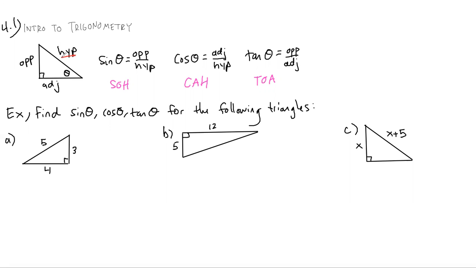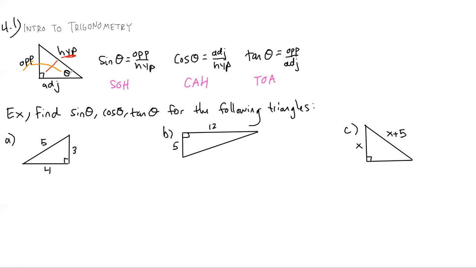The hypotenuse is always going to be opposite of the right angle. Then we have the other two sides. The opposite is always going to be opposite of your angle theta, so it's not touching theta as far as the sides go.